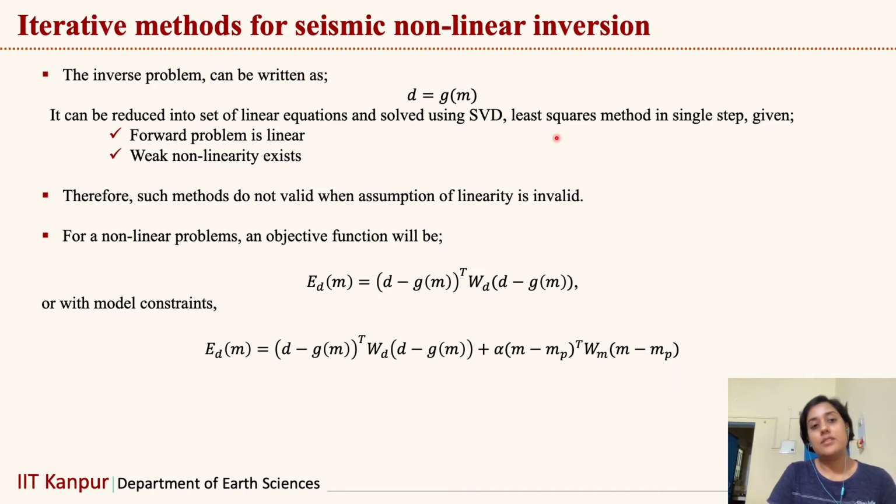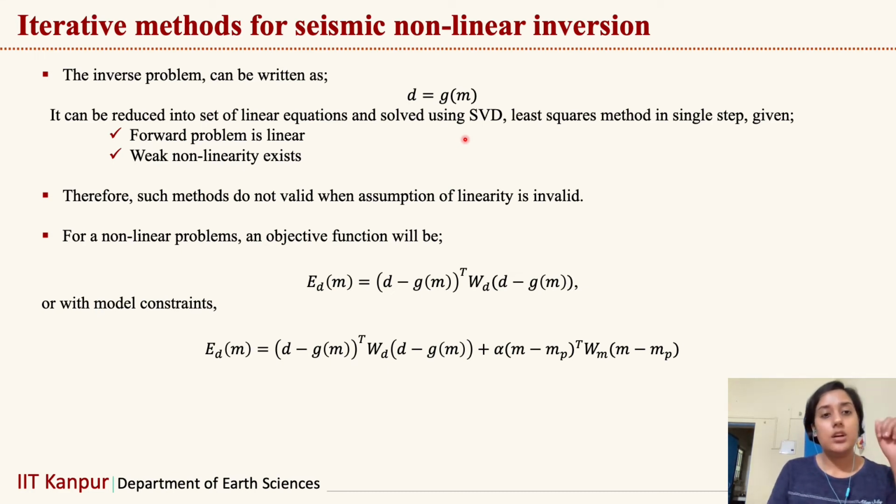As I discussed earlier, by splitting this complete form into sets of linear equations, it can be solved using SVD and the least square method, which is a single step process. You will solve the equation and you will get the solution.